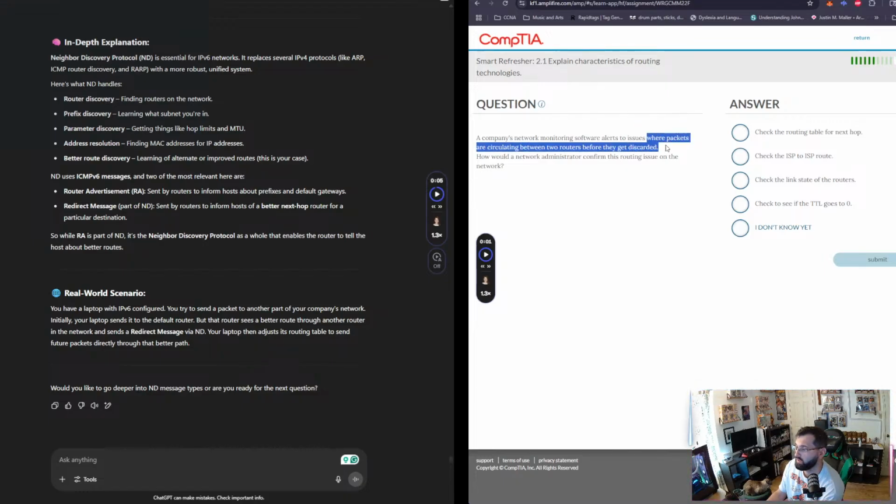Wait, yes we do. Where packets are circulating between two routers before they get discarded. How would a network administrator confirm this routing issue? Check the router's routing table for the next hop. Check the ISP and the two ISP routes.